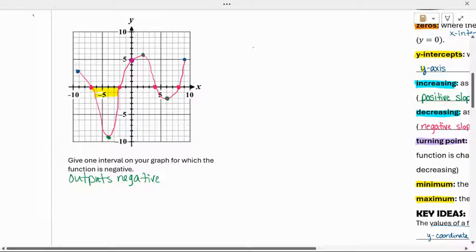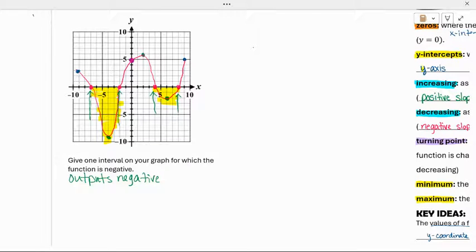Well, they're negative right here, and they're also negative right here. So we have to look at what are the x values. So it's negative between these two x's, and it's also negative between these two x's. So Aiden, give me one interval.